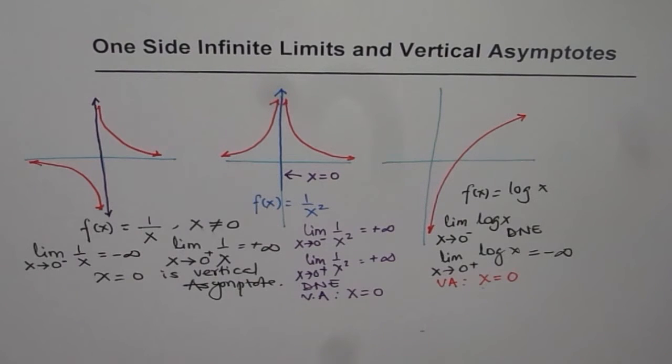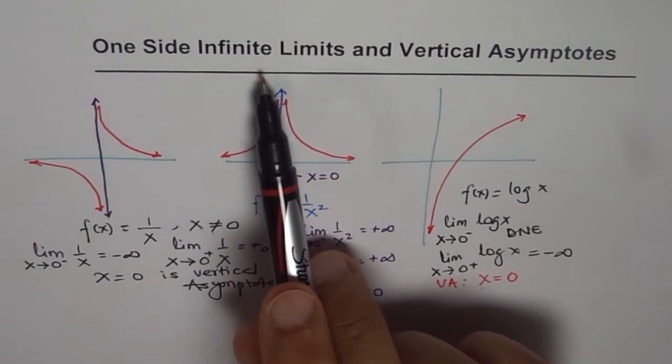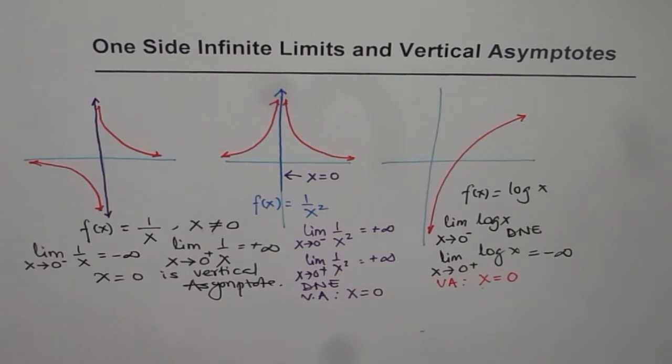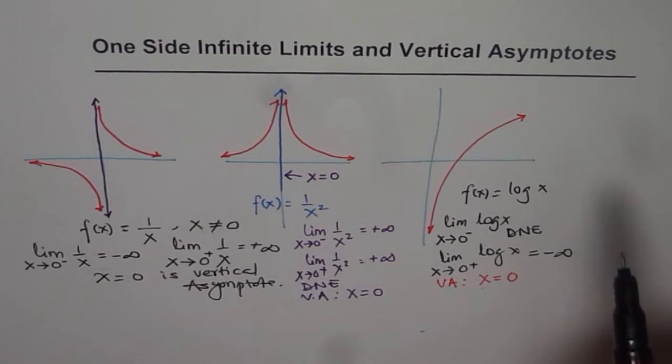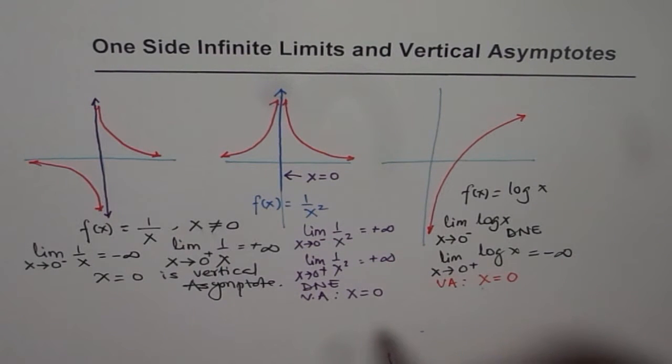That is how one side limits and vertical asymptotes are related.